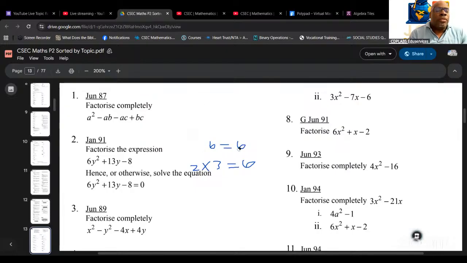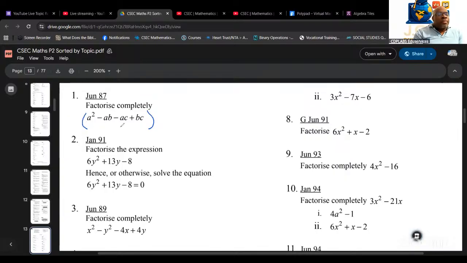All right. So we're going to factorize the first product. Now, please note that everything in this expression is a product. So we're trying to find now the factors of this product.